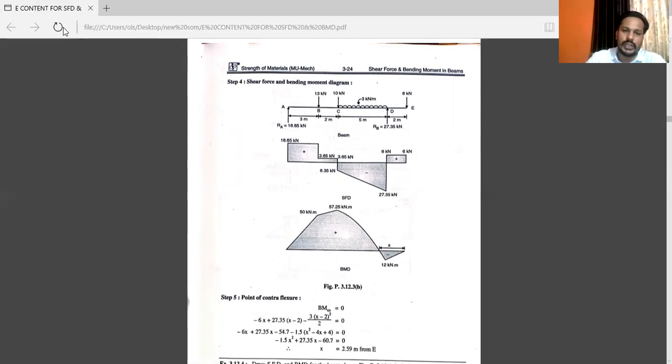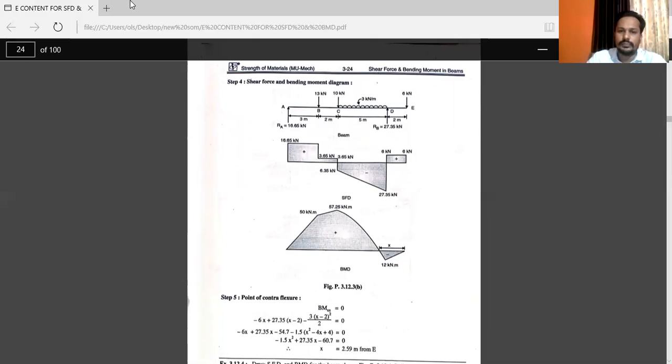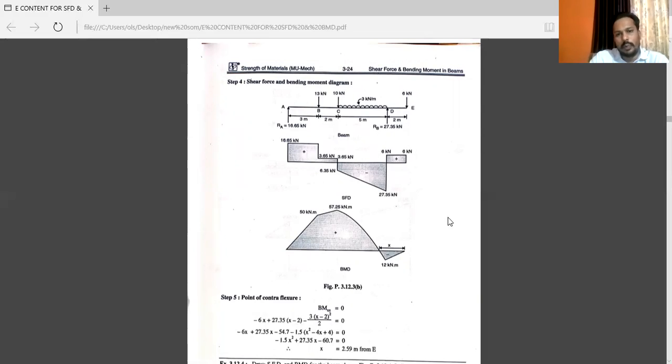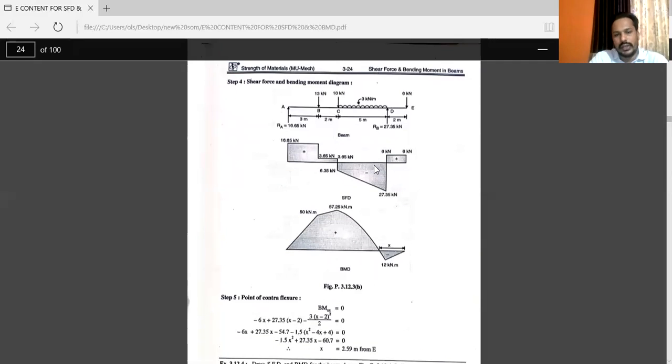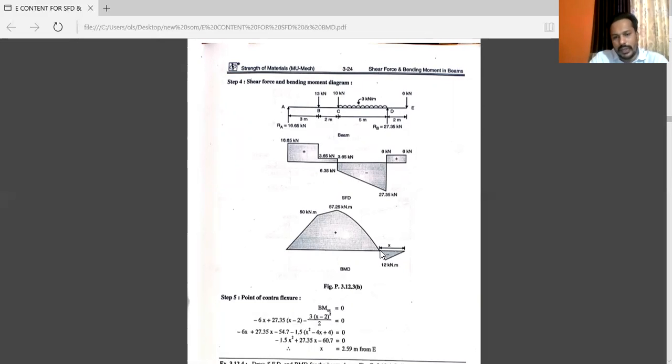This is the shear force and bending moment diagram for the given problem. One more important point, that is point of contraflexure. Point of contraflexure is very important. This one is the intersecting point of the bending moment.